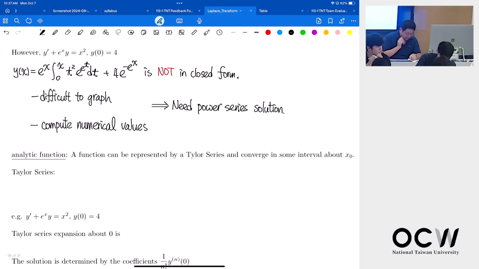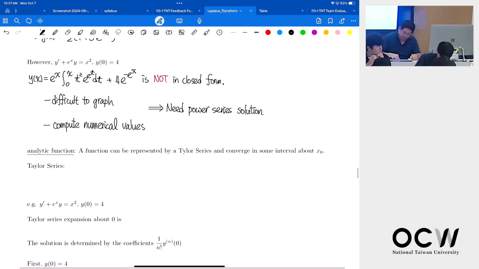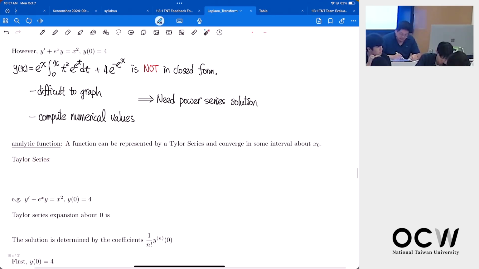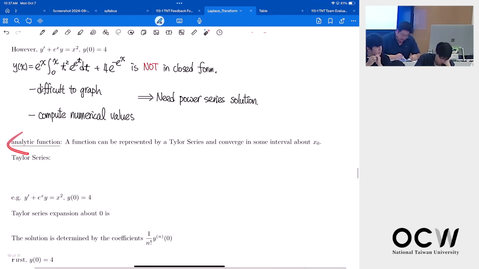So what is the power series solution? First, we should know what an analytic function is. An analytic function is a function that can be represented by the Taylor series. And also, an analytic function will converge in some interval about a point, say x naught.